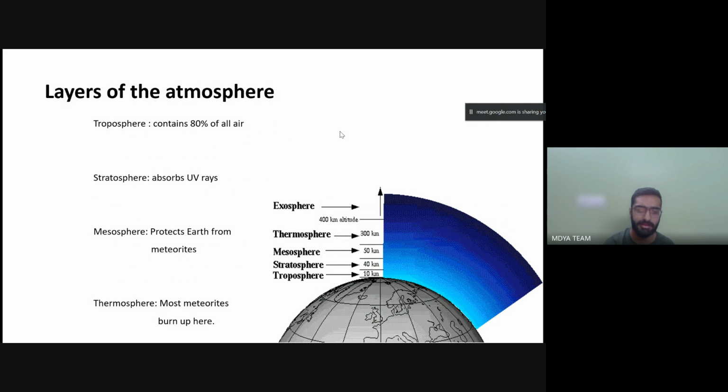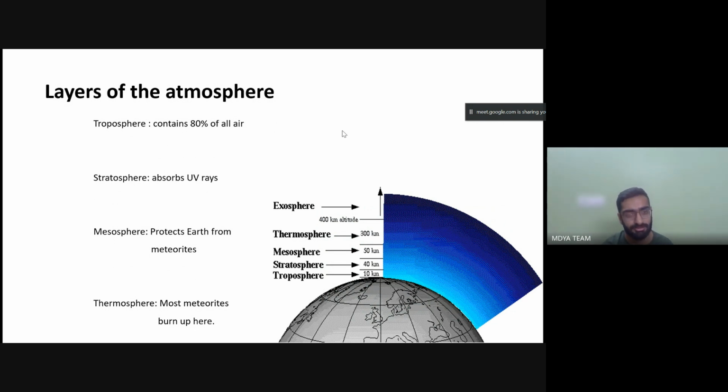At the 400th kilometer altitude and beyond, till infinity, is the exosphere. So remember the names of the layers: troposphere, stratosphere, mesosphere, thermosphere, and exosphere.